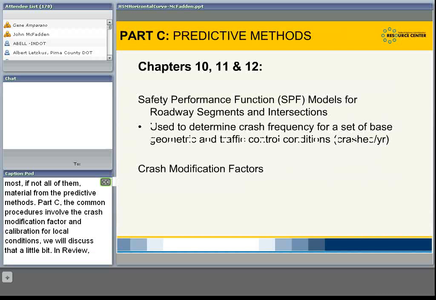If it takes a value less than 1, the treatment or design attribute reduces the expected crash frequency. And if it takes a value greater than 1, the treatment or design attribute increases the expected crash frequency.